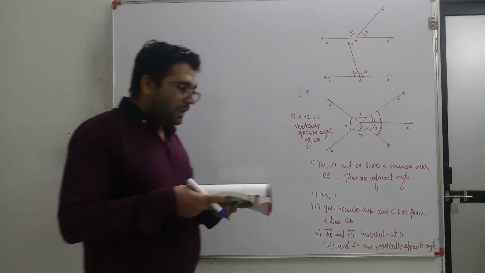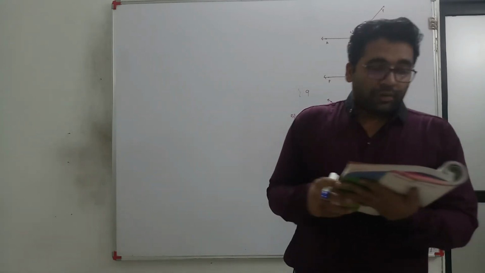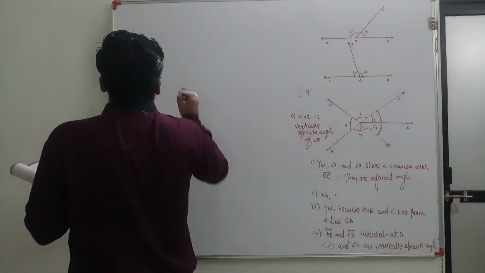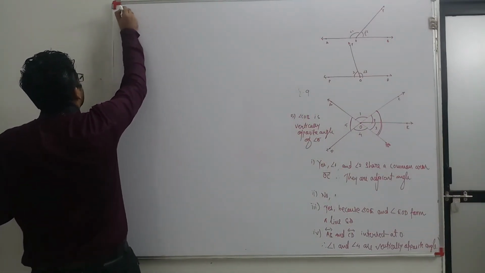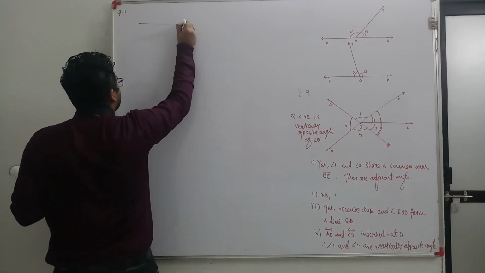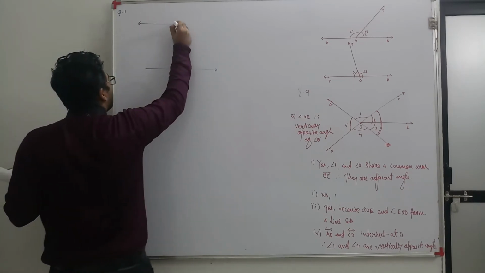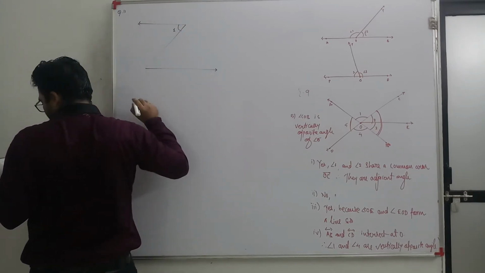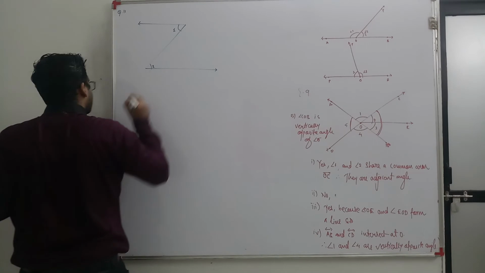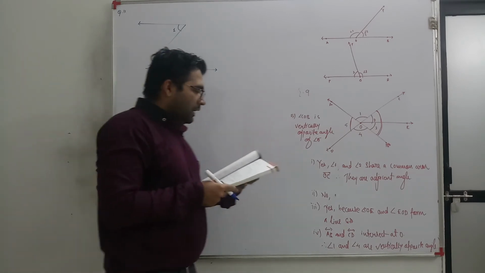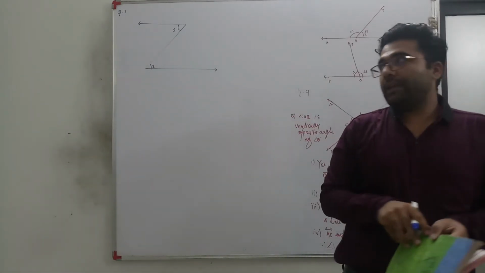In question number 11, in the following figure, there are two angles. It is a given figure like this: angle 1 and this one angle 2. It asks whether angle 1 is adjacent to angle 2.